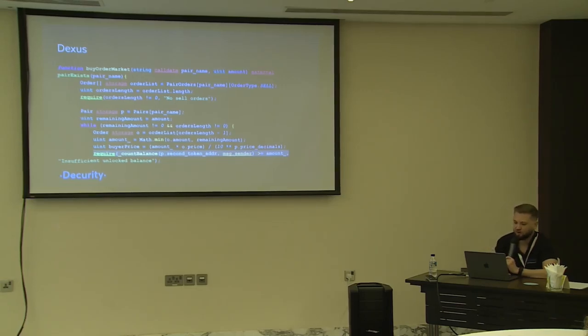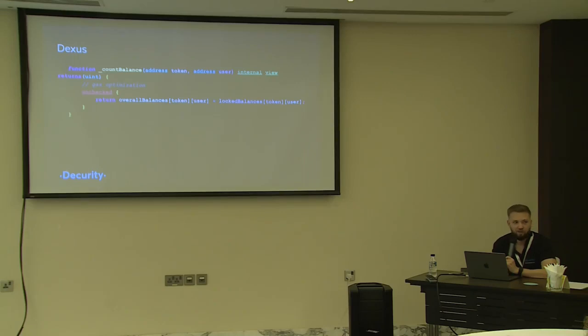Let's look at count balance. The count balance looks like this. It just returns the balance of the user. It looks at overall balances and subtracts lock balances. And due to the bug with the require statement, it's possible for the lock balances to be greater than overall balances, and it leads to integer underflow in this case.